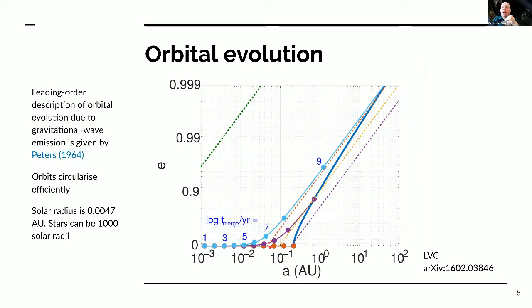This is using a particular famous calculation done in the 60s for gravitational wave emission. It assumes Keplerian orbits, so it's not particularly accurate when you get very close to merger, but it is good for wide orbits. It's a good first approximation.